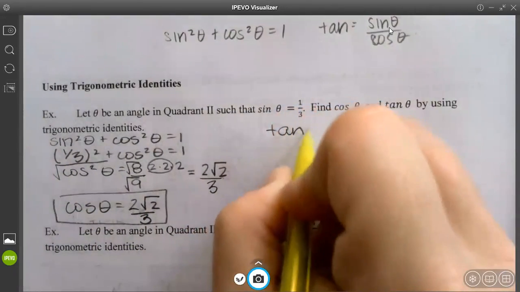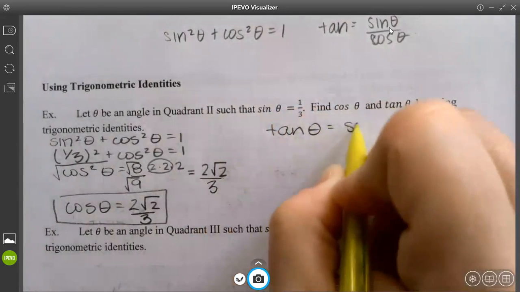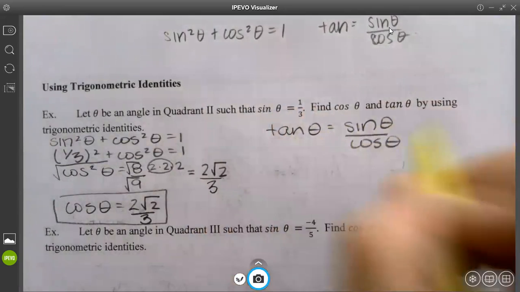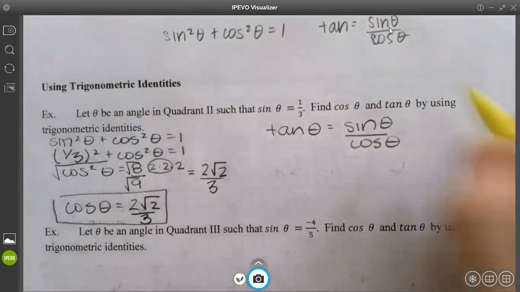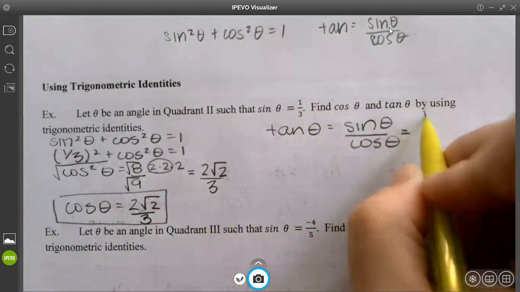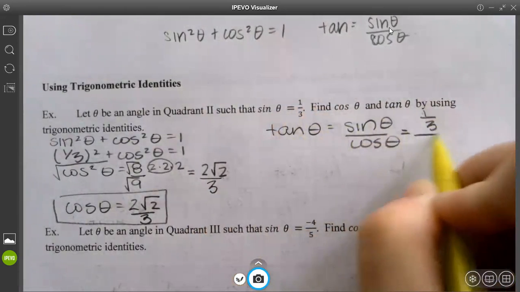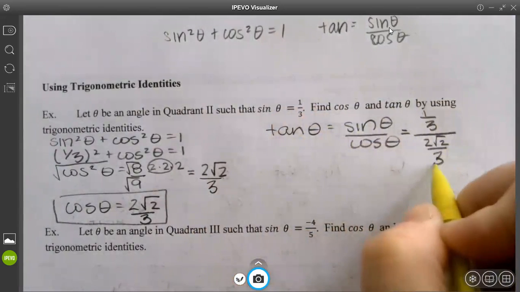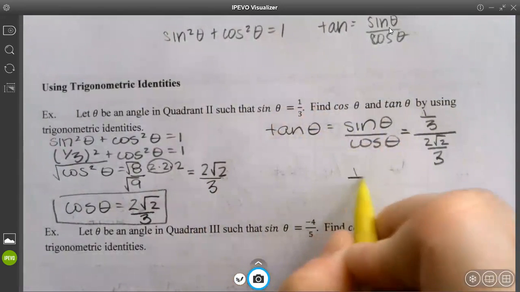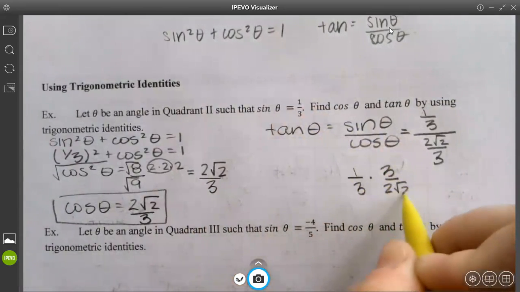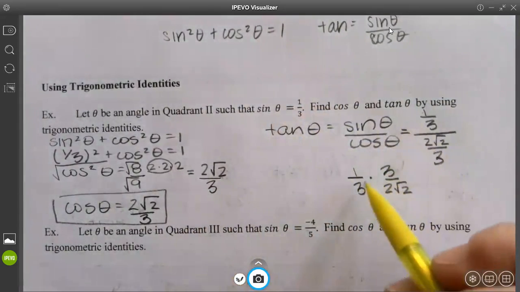To find tan, remember that's sine over cosine. We know both of those. What is sine? 1/3. What was cosine? We don't divide. The 3's cancel out.